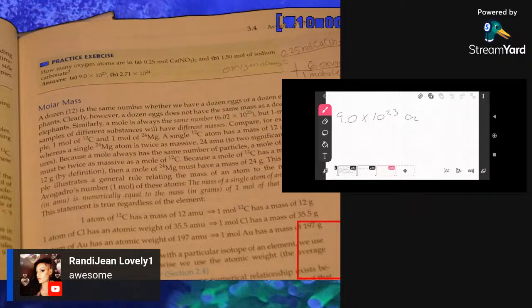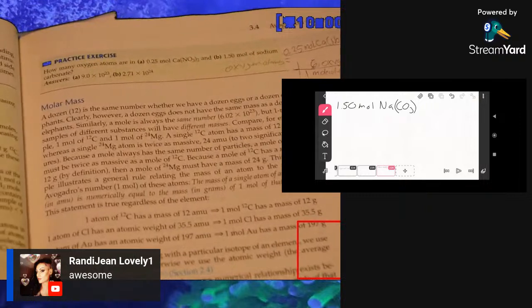Okay. And then for part B, which says 1.50 moles of sodium carbonate. Sodium, Na, and carbonate is CO3. First off, you got to know this is sodium carbonate. I'm trying to figure out the charges.